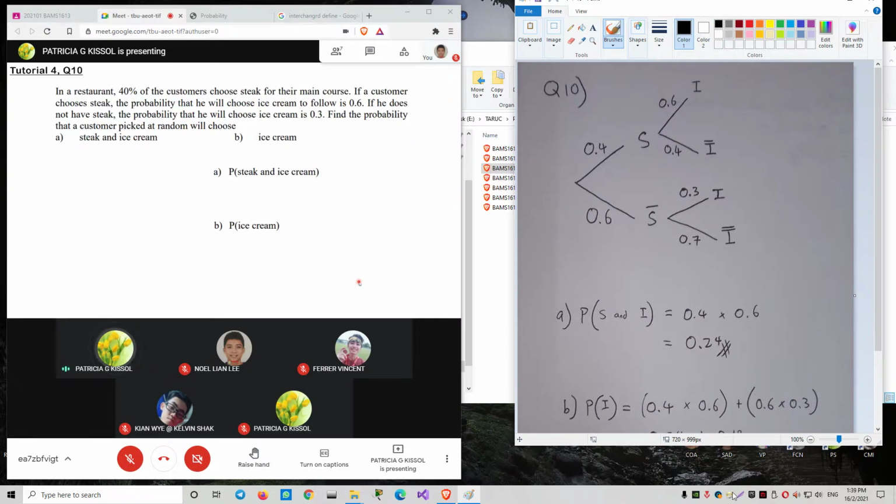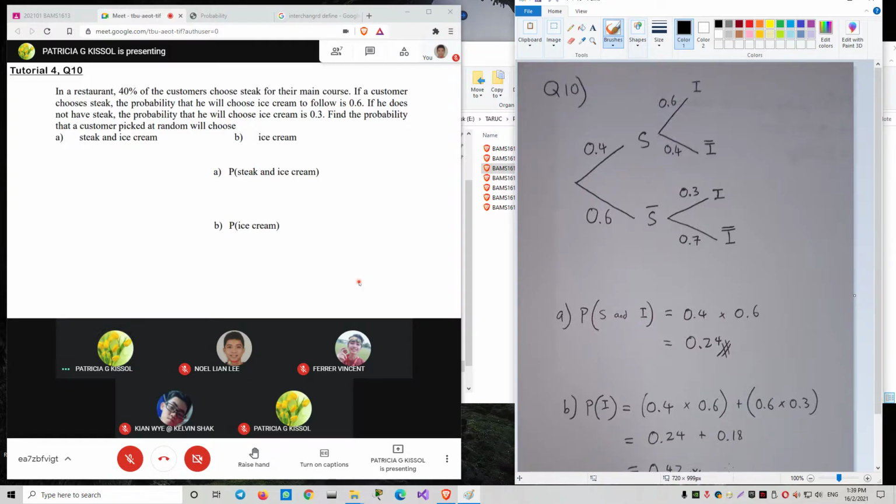Now the next question is, in a restaurant, 40% of the customers chose steak for their main course. If the customer chooses a steak, the probability that he will choose ice cream to follow is 0.6. So there are two events here.